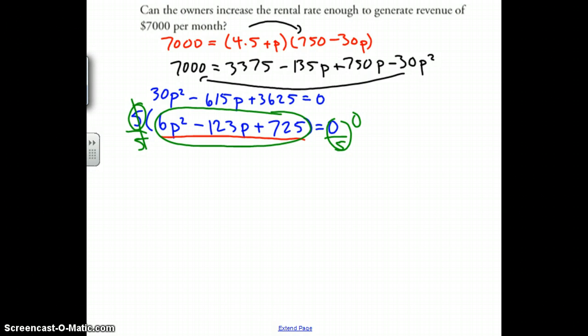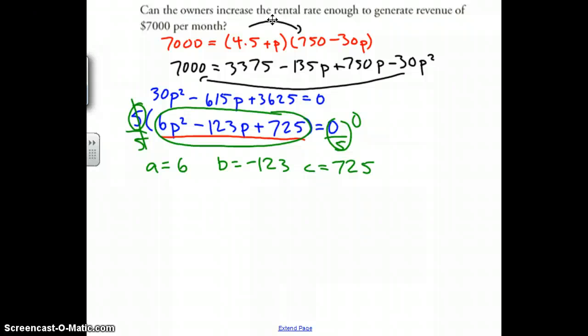Okay, so now we've got this in here that we're looking to solve using the quadratic formula. So A equals 6, B equals negative 123, C equals 725. Again, what we're looking for is the p-value or values that would give us the solution, or basically the price increase values that would give us $7,000 in revenue. So we go to our quadratic formula.